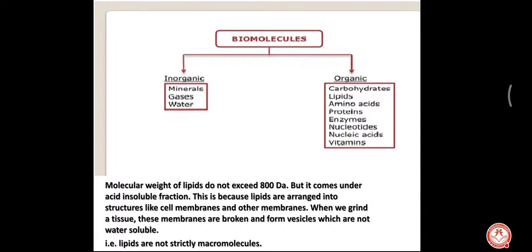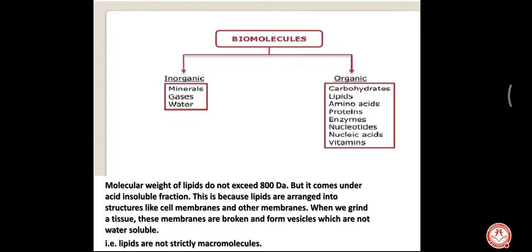Molecular weights of lipids do not exceed 800 Dalton, but they come under the acid insoluble pool. Most of the macromolecules that have molecular weight more than 1000 Daltons are included in the acid insoluble fraction, but lipids are molecules that have molecular weight less than 800 Dalton and are still included in the acid insoluble fraction.